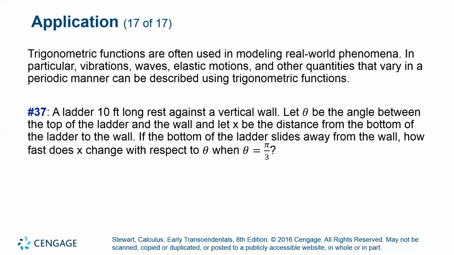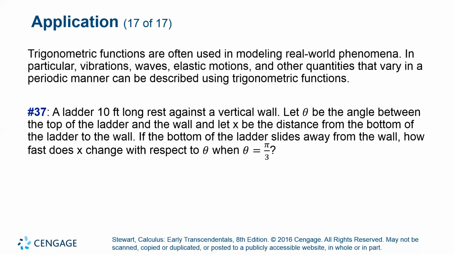Okay, so here's a question, exercise number 37. A ladder 10 feet long rests against a vertical wall. Let theta be the angle between the top of the ladder and the wall, and let x be the distance from the bottom of the ladder to the wall.